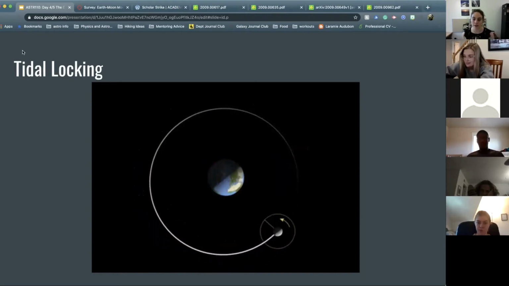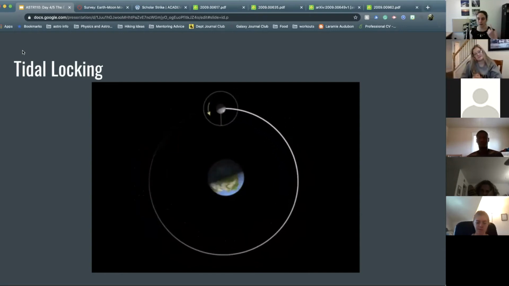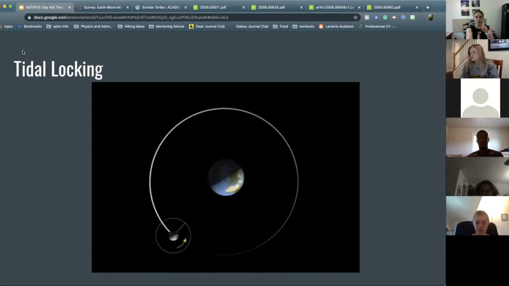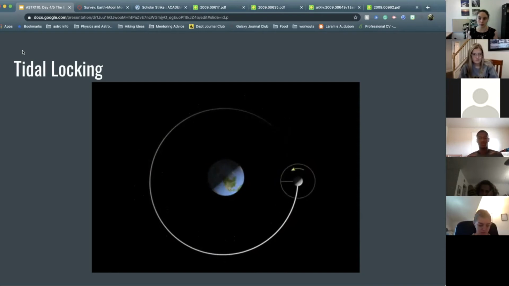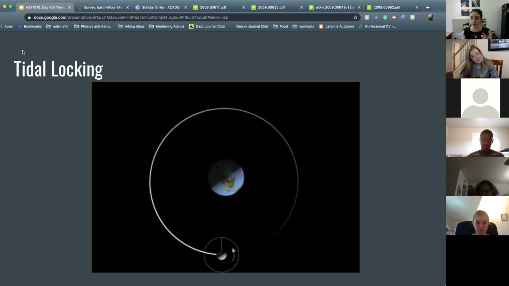And at this point, the moon has slowed down, so it spins around one time every time it makes one orbit around the Earth. And so when we say the dark side of the moon, a lot of times what this means is not the side of the moon that's unilluminated, but the side of the moon we never see from Earth. So there is one side of the moon we never see from Earth.